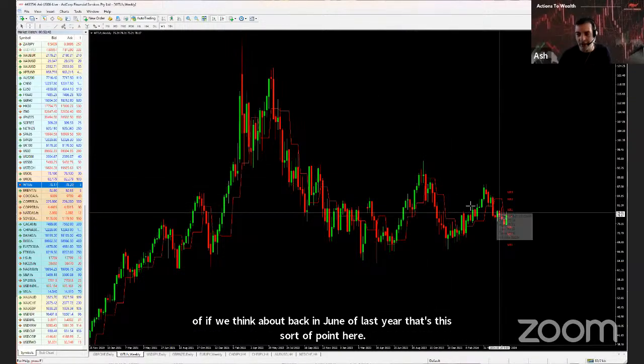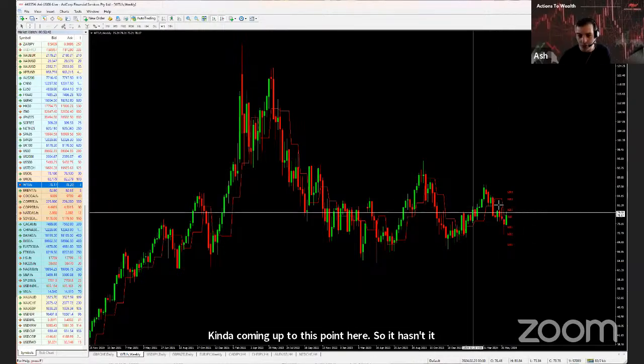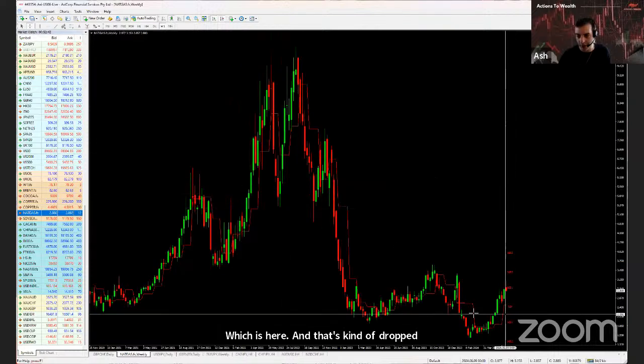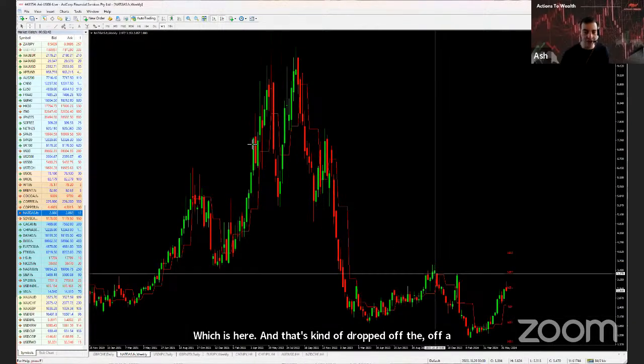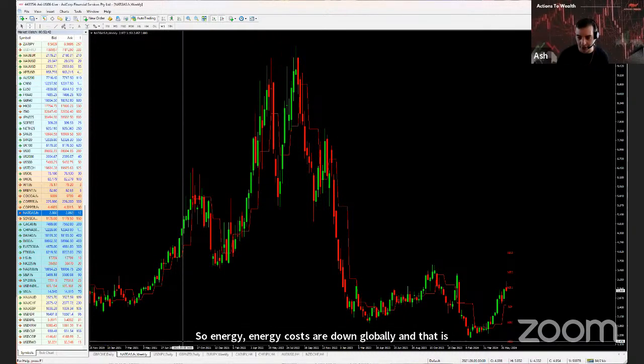So it hasn't increased much. So oils are not too bad a level. Natural gas is another thing that we could look at as well, which is here, and that's dropped off a cliff for the last few years. So energy costs are down globally, and that is also adding to the lack of inflation that's in the market.